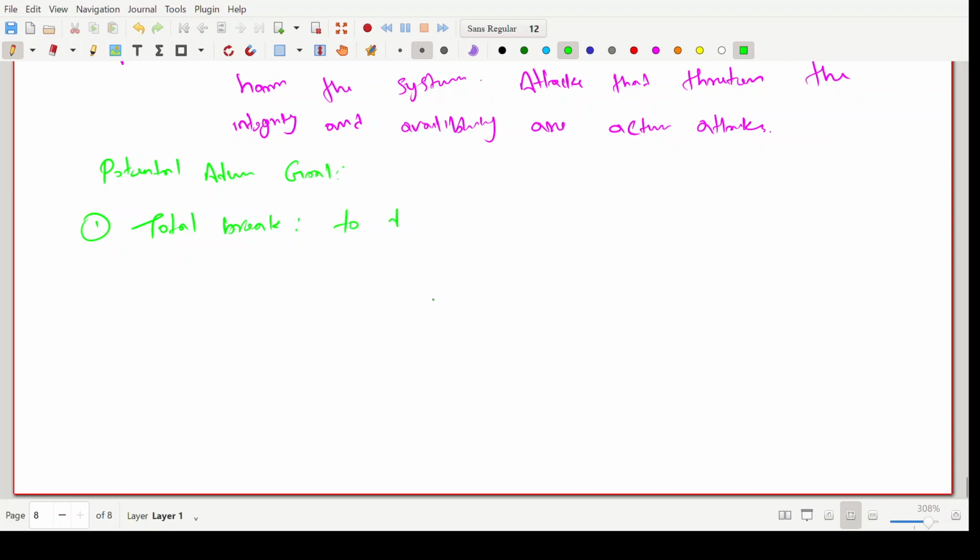Total break means to determine the secret key.